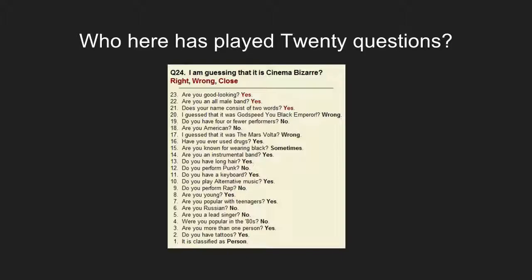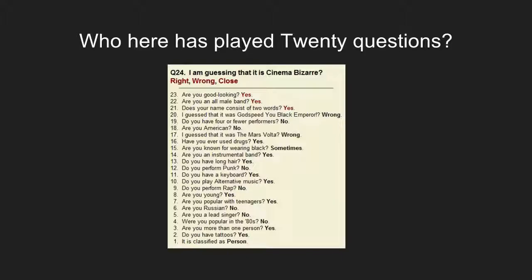So right now, starting at the very top, we have anything. We have no idea what our thing could be. So our first question, is it a person? Yes.